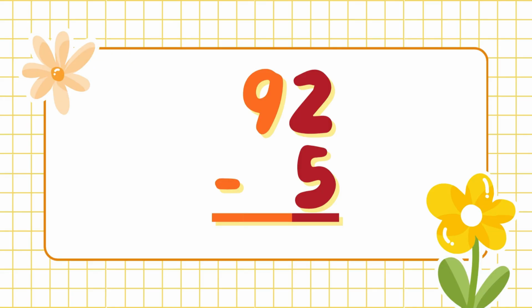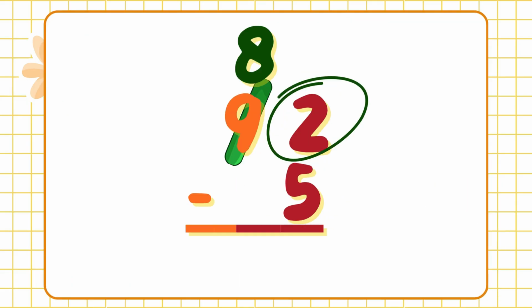92 minus 5. Okay, what should we do again? The 2 is lesser than 5. So what we did earlier is we borrow the 10 from 9 because 9 is in the tens face.